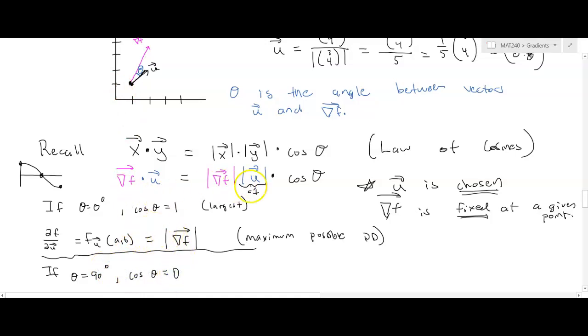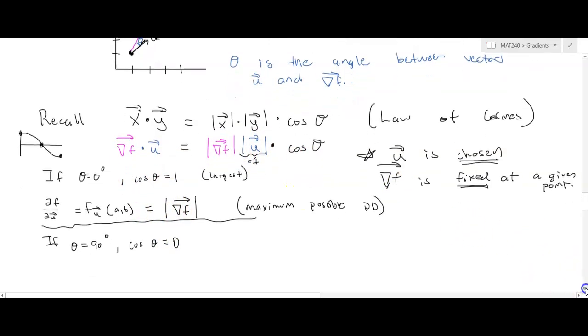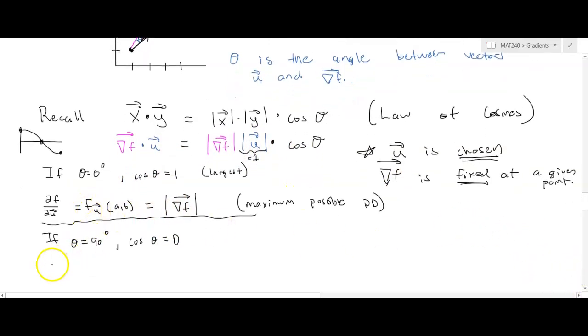And if cosine of theta is equal to 0, then that zeroes out the entire right-hand side. So that means that the change in f per travel in the direction of u, also written as f sub u of a comma b, is going to equal 0. So what this means is that there is no elevation change.